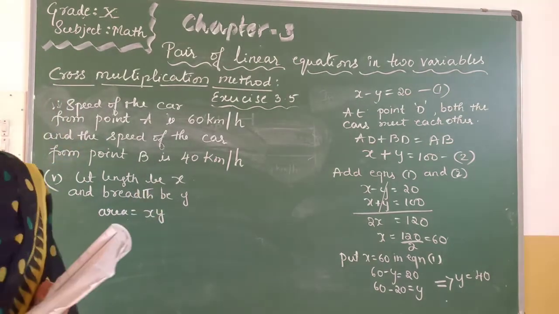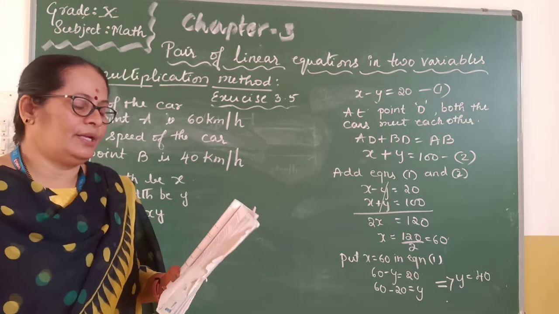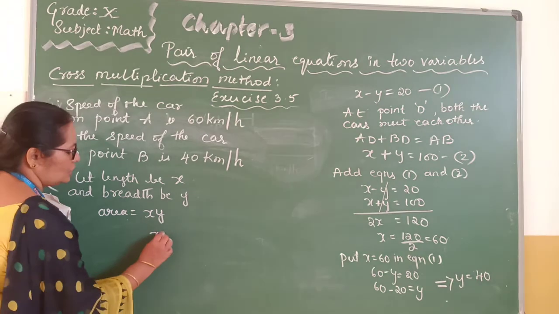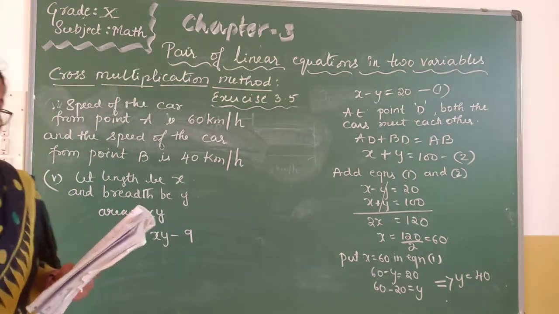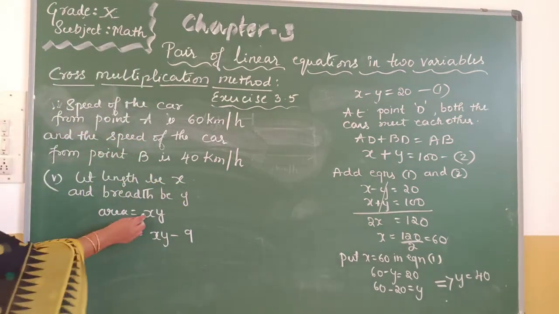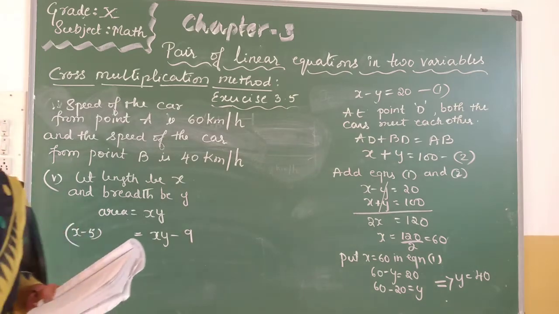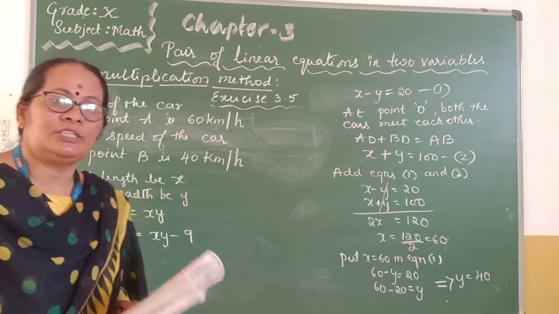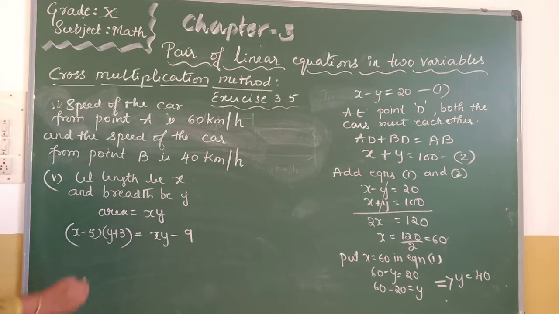That is the area. Now, the area of the rectangle is reduced by 9 square units. Area xy is reduced by 9 units when the length is reduced by 5 units, that is x minus 5, and breadth is increased by 3 units, that is y plus 3.